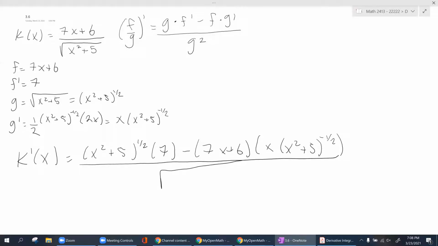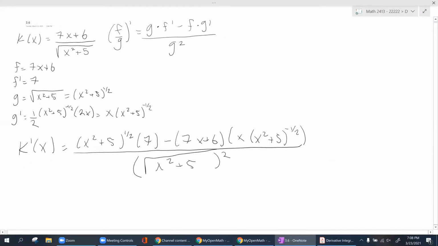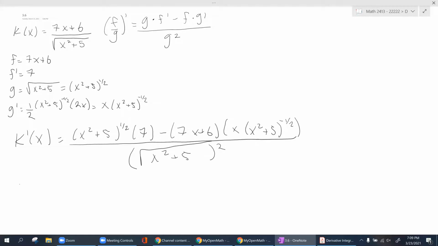So this here ends up giving me x squared plus 5 squared. And I think some of you may already see what's going on here. Let me go ahead and focus on the top, on my numerator. This is going to be polishing things up on the top. I get 7 times x squared plus 5 to the 1 over 2. That 1 over 2 you can convert to the square root if you'd like.